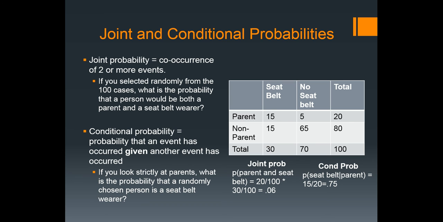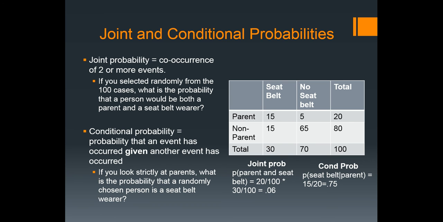Conditional probability, on the other hand, is what's the probability of an event given that another event has occurred, or provided that another event is assumed to have occurred, right? So we might ask, what's the probability of being a seatbelt wearer given or provided that one is a parent? So that's already assumed or provided.